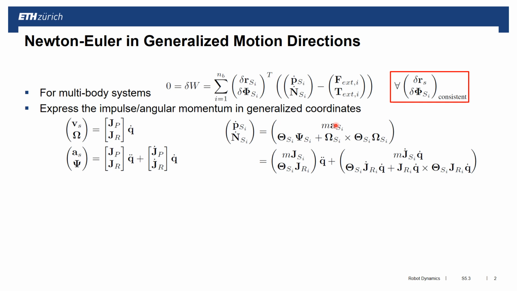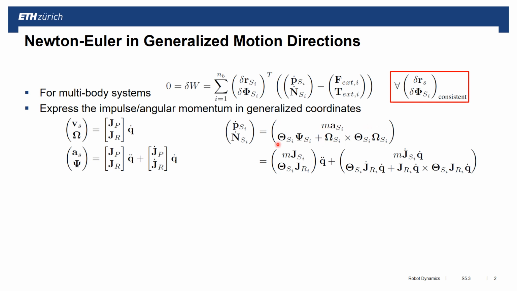Then we can use this in order to express the change in linear impulse and the change in angular momentum, which is mass times acceleration for the linear direction, and for the rotation direction we have inertia times angular acceleration plus this cross-coupling term.